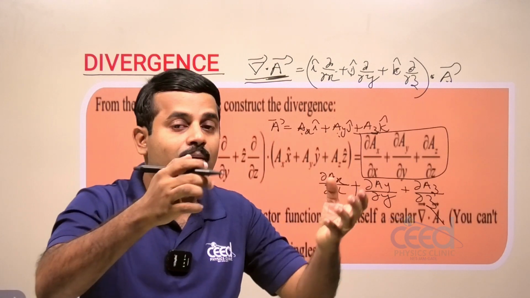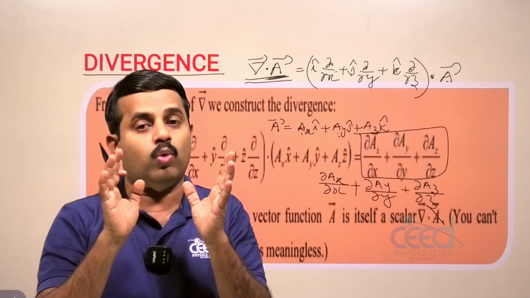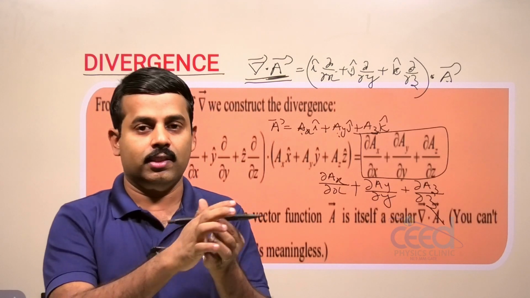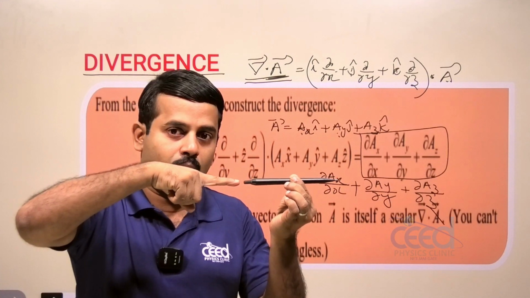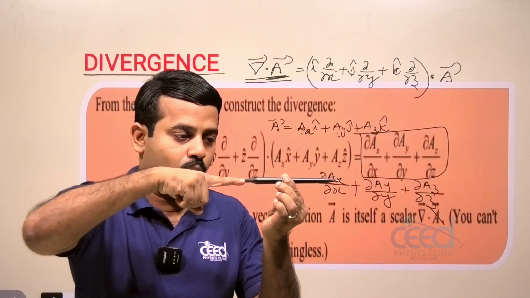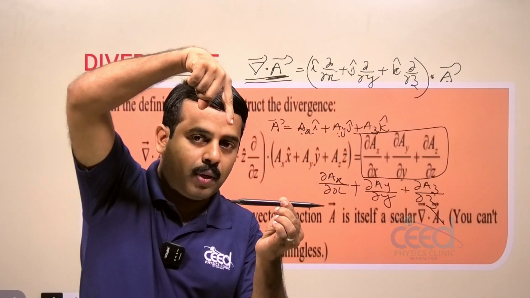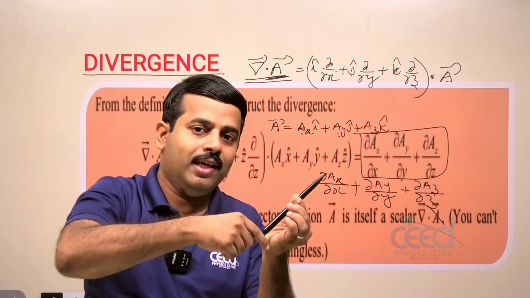Wherever we discuss a rotating quantity, there we take the cross product. The reason we also discussed there. Because of the cos theta component, one particular quantity is diverging like this. Because of a perpendicular component, one quantity is rotating like this.